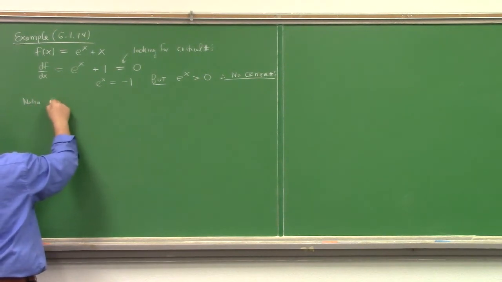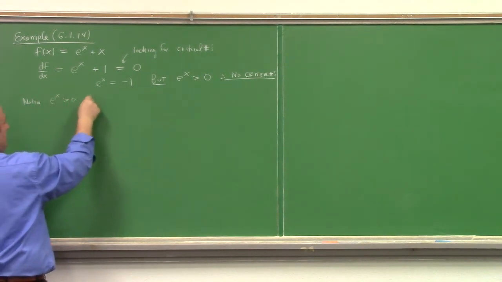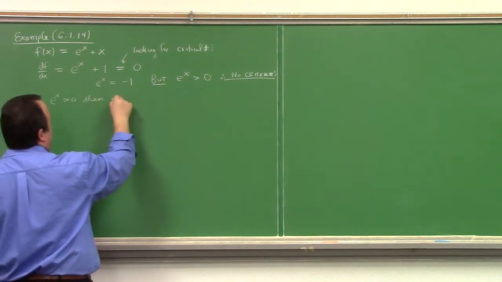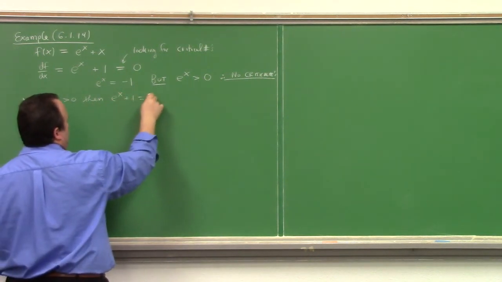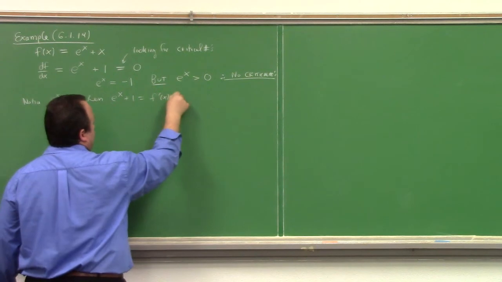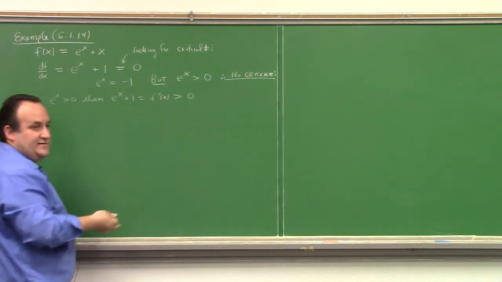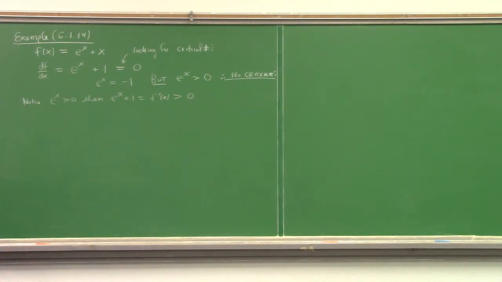So e to the x is positive, so it's increasing, because e to the x plus 1, which is equal to f prime of x, is always positive. In fact, basically the smallest it can ever be is 1, and that's only in the asymptotic sense. So this thing is always increasing at a rate pretty much larger than 1.